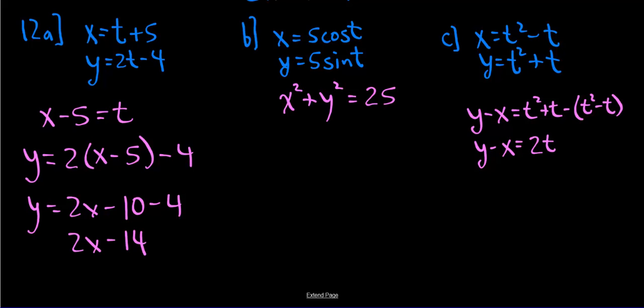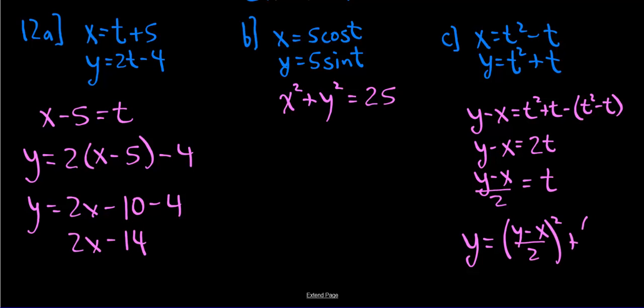See, the t squares are gone. Now you get t is equal to (y minus x) over 2. Perfect. Now, if I want to, I can go back up and say, okay, then y is equal to ((y minus x) over 2) squared plus (y minus x) over 2. There, we've eliminated that parameter.